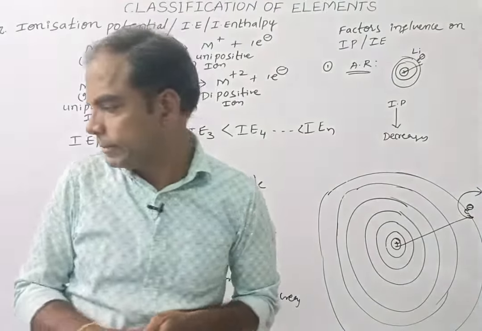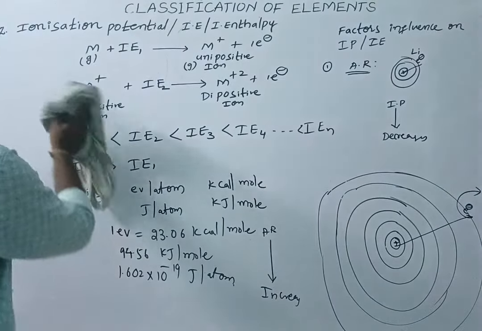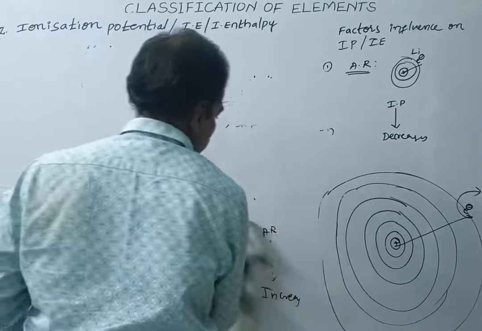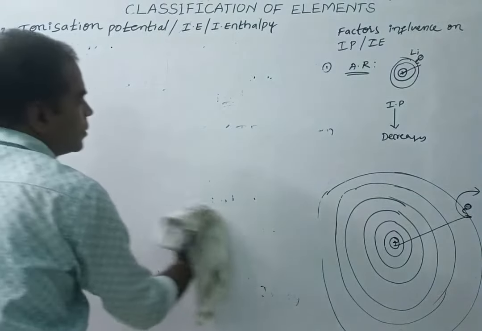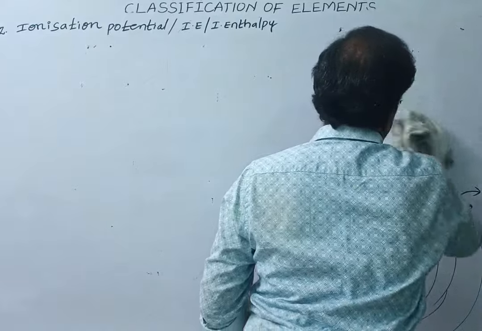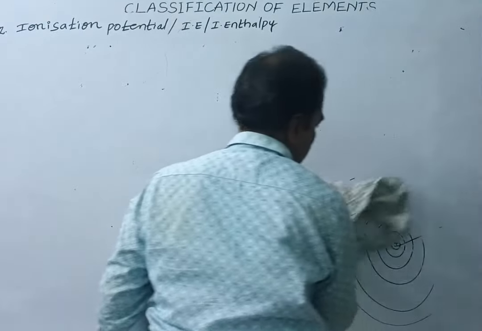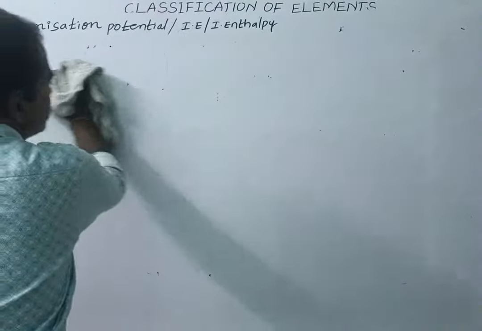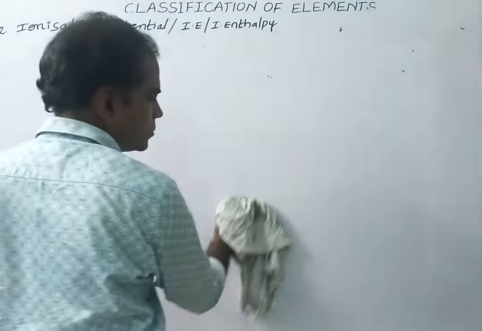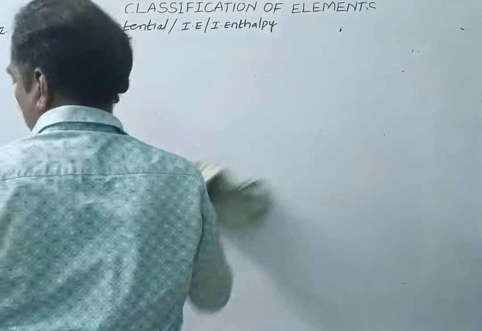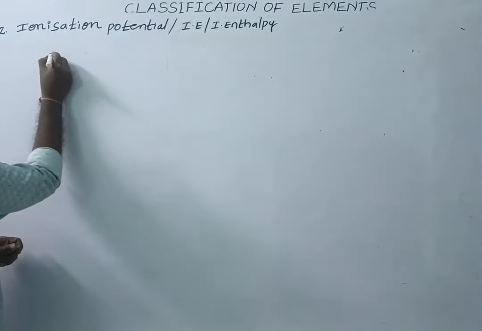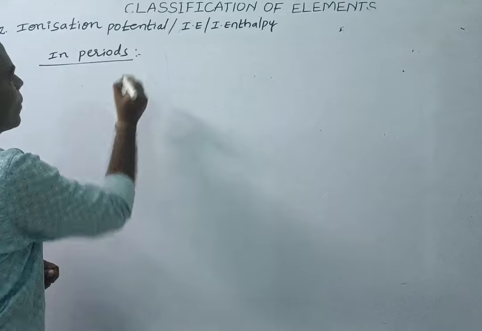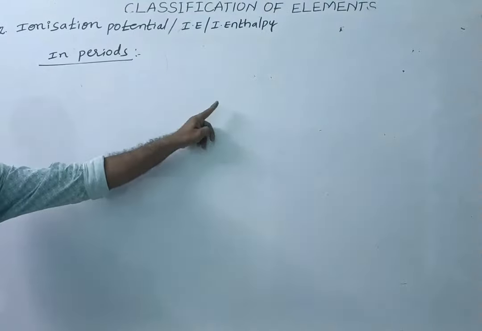Now in periods, see in periods, along the period from left to right, atomic radius decreases.